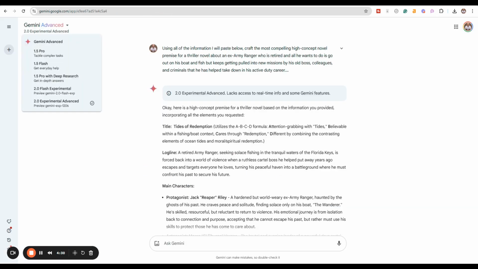So what's my overall grade of Gemini 2 Experimental Advanced? I really like it. It creates a lot of content and it seems to be able to have a pretty big context window for creating novels, which I think is important for cohesiveness. Maybe I didn't need to copy and paste the outline so often.